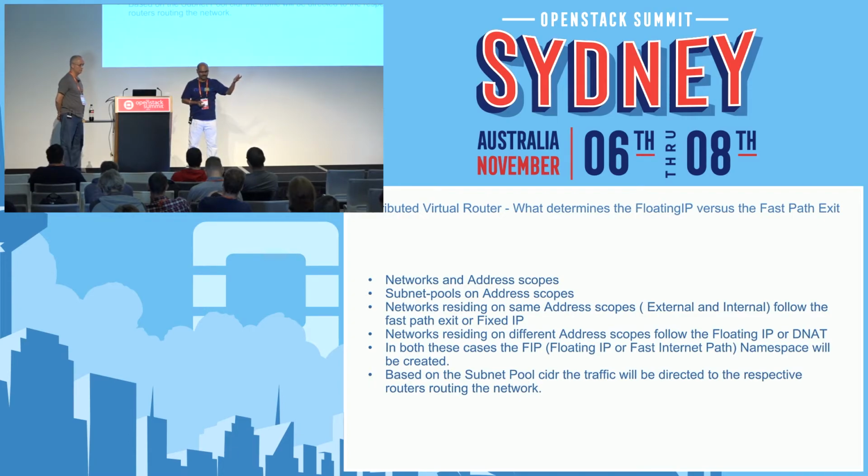In that case, it's all governed by the address scopes, because Neutron also has the concept of address scopes and subnet pools that you can define. So if your external network and internal network are on the same address scope, DVR, with the same concept without doing floating IP, can actually send traffic back and forth from the compute host.